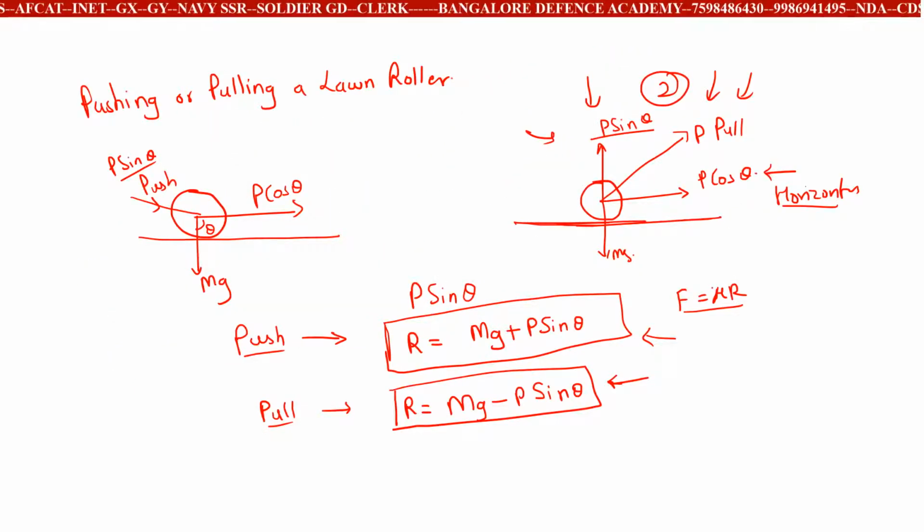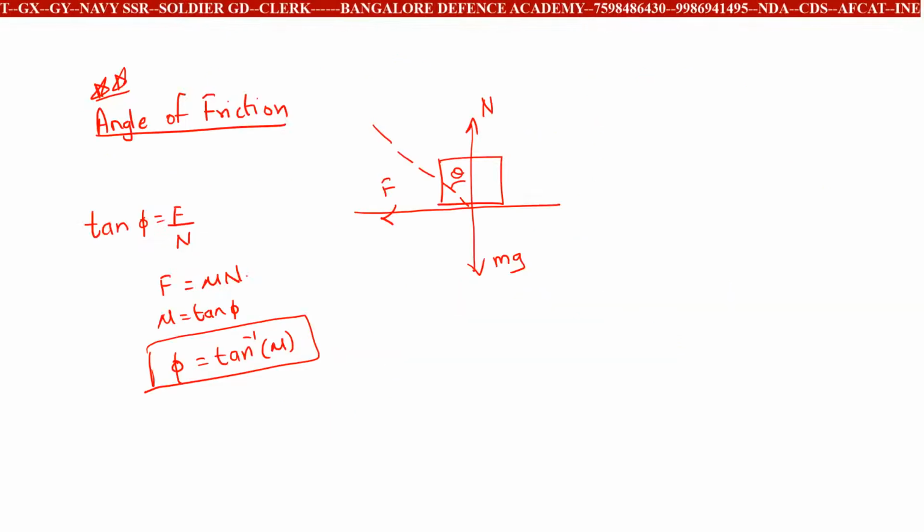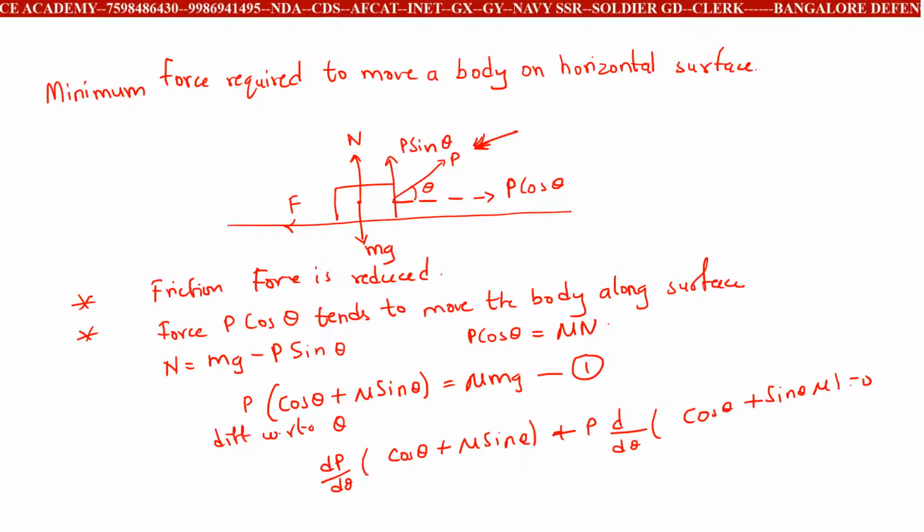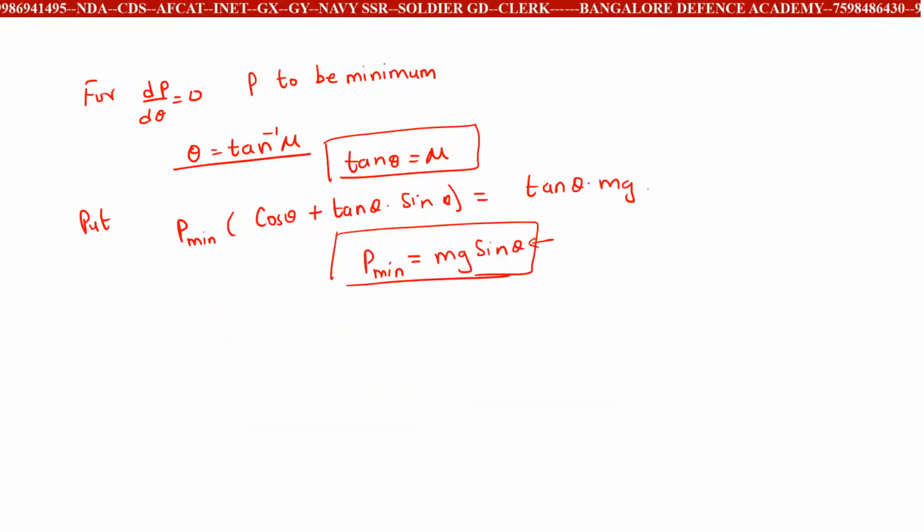Next, what happens to the lawn roller if it is rolled on the surface, and then the angle of friction we have seen, and then the angle of repose, the minimum inclination required for the body to slide, and then the minimum force required on the horizontal surface, that is mg sin theta. Fine. So that is what we have derived, how we have proved that mg sin theta is the minimum force required. So let us begin with the questions here, numericals.